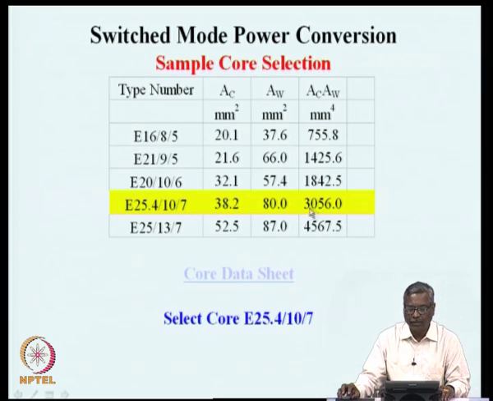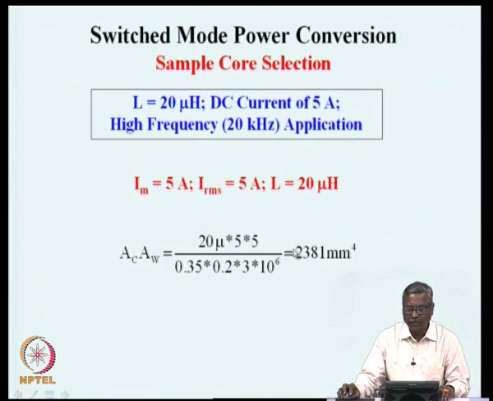What we need is about 2381, and this is more than what we want, this is even more than that quantity. So, probably this is a suitable core because it has a product of AC AW which is more than the 2381 which we have calculated here.